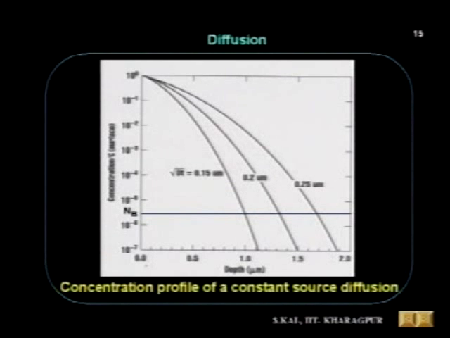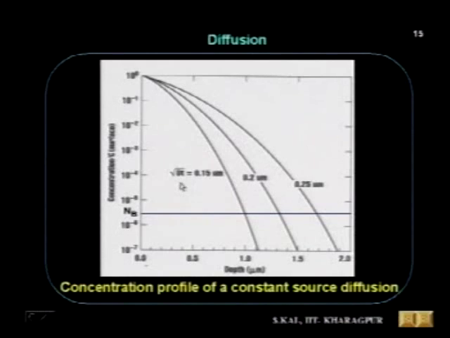Okay. Now let us look into the profile. The concentration profile of a constant source diffusion is like this. For different values of root Dt, equal to 0.15 micron, 0.2 micron and 0.25 micron, the concentration profile looks like this. These are the complementary error function curves.